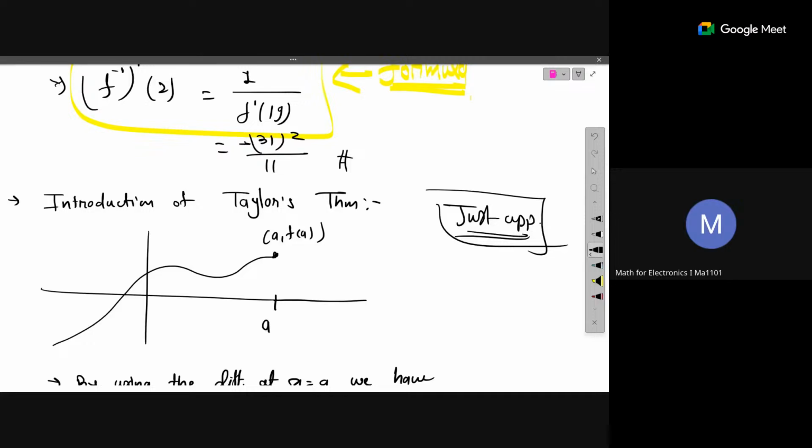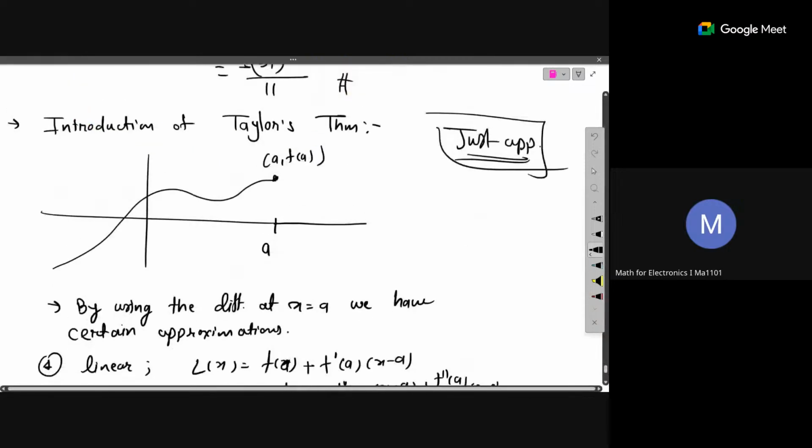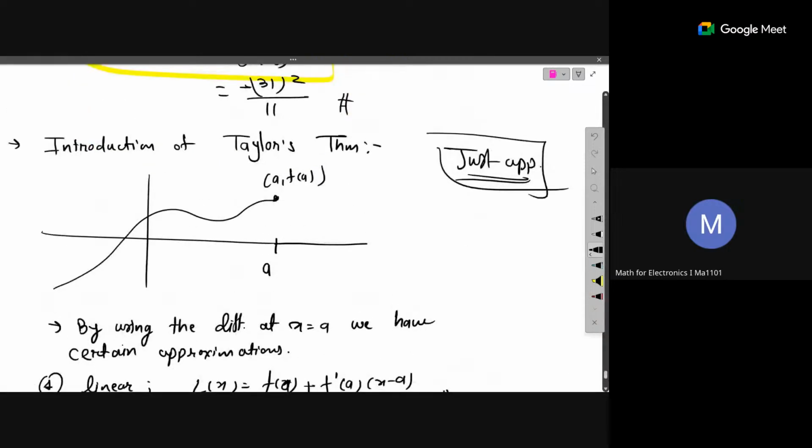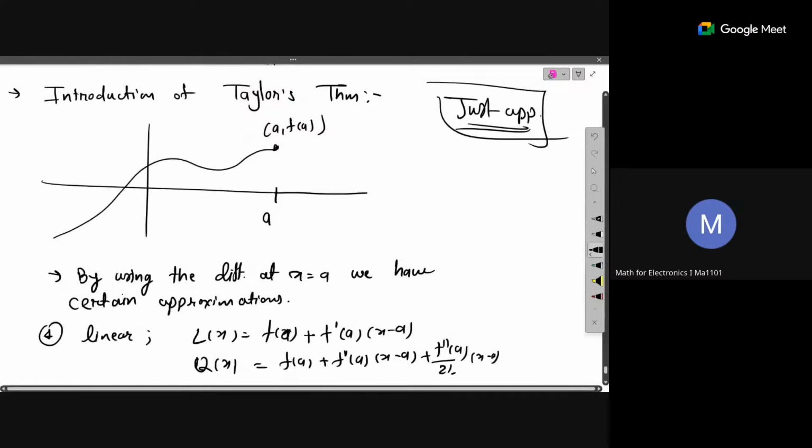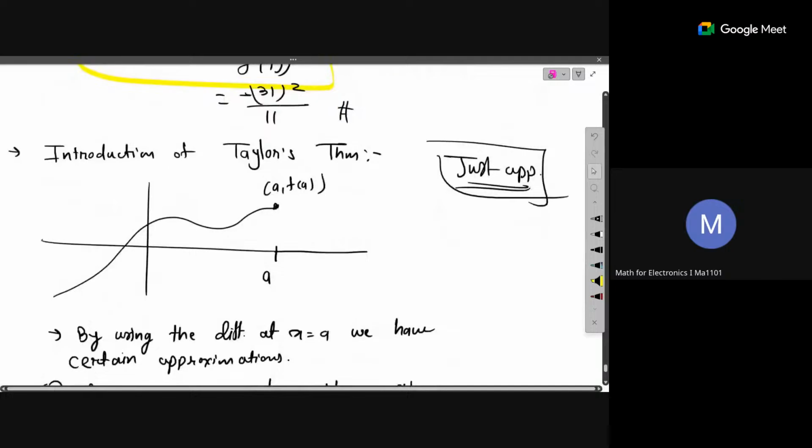So that's the motivation behind Taylor's theorem, that Taylor refined our approximation and also gave us the bound for linear approximation, quadratic approximation, and all kinds of approximations. We can actually say what the bound of the error for all these approximations will be. So that's the job of Taylor's theorem.